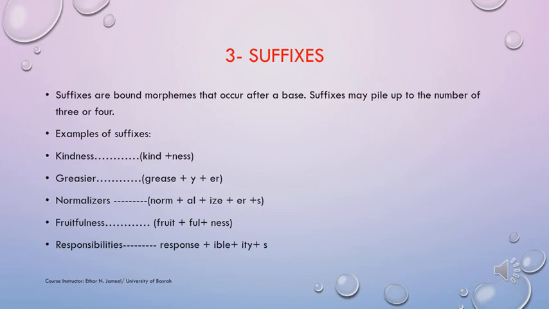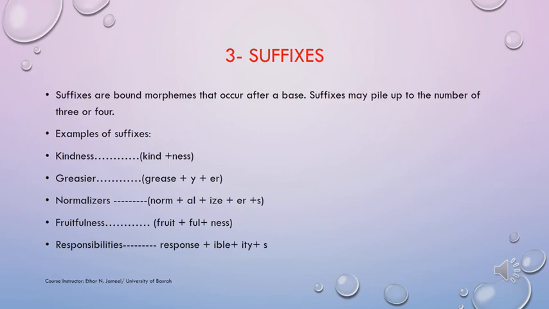It has the principal meaning of the word, and it is a free base because it is a free morpheme. Al, ize, er, and s are affixes. What kind of affixes? They are suffixes because they come after the base norm. Look, we have 4 suffixes, one after the other, in this word. That is why they may pile up to the number of 3 or 4.